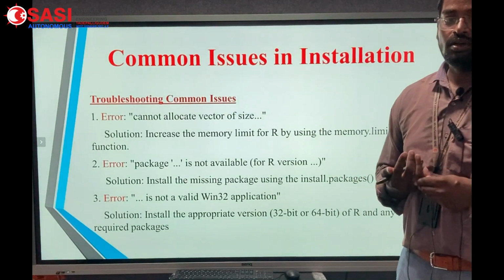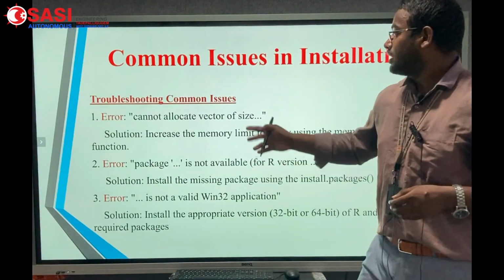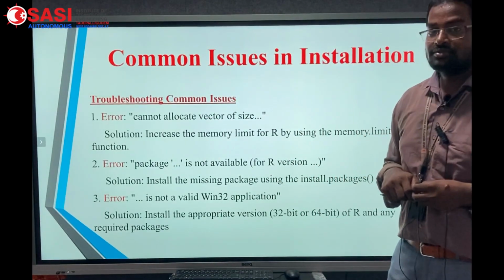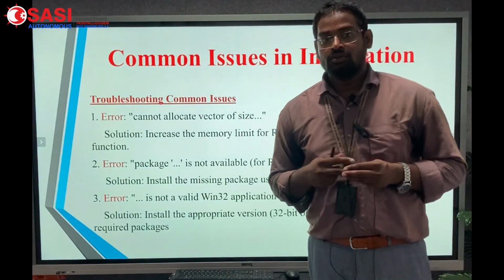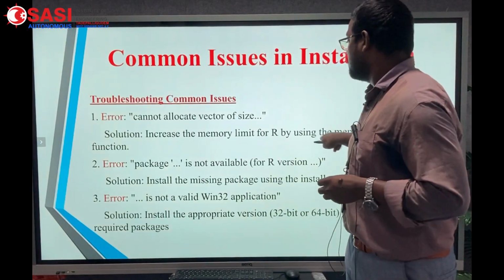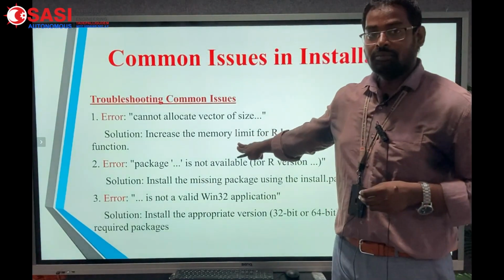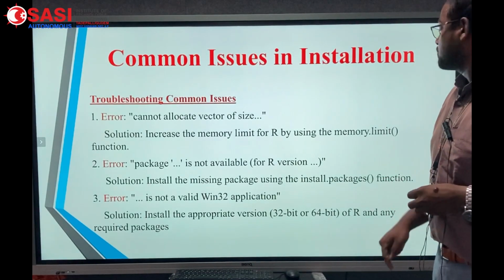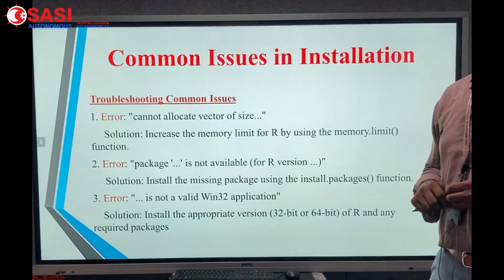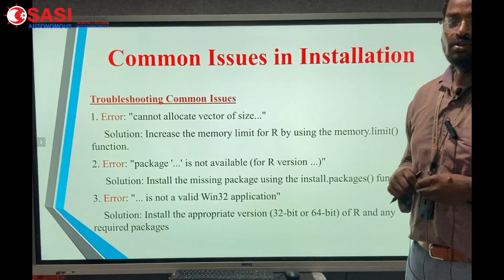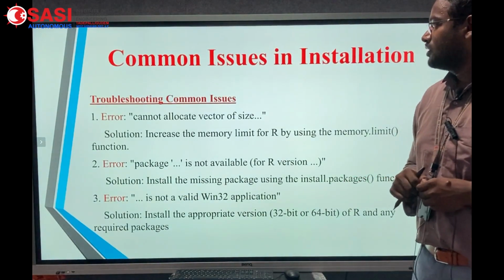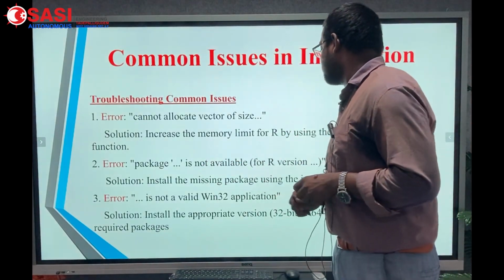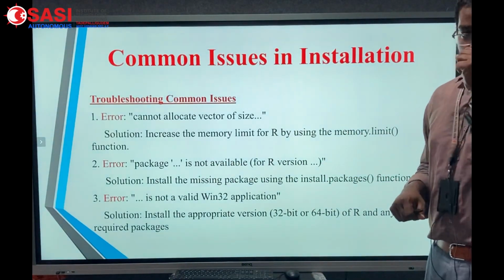Whenever we are working in R programming and get an error like this, we need to change our R environment memory by using the function memory.limit. In that function we give the argument, which can increase our memory allocation for R.